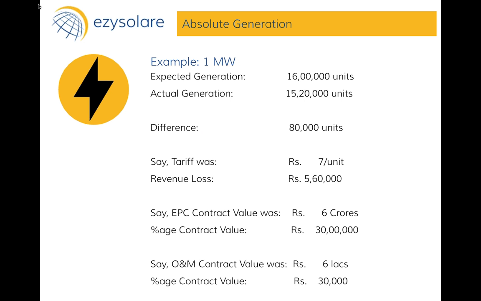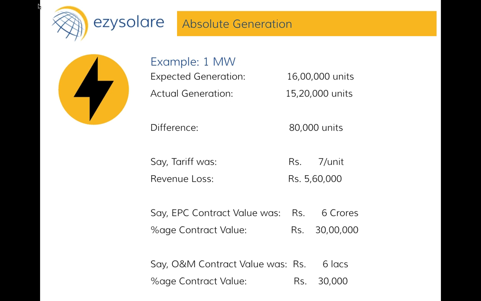If your radiation was X and your performance was Y, but the actual radiation was more than that, say it was 1.5 times X, but your performance or the generation of the plant wasn't 1.5 times Y, that means that your plant is not performing well enough. Now, this ratio between X and Y is called performance ratio. This is something that is typically given by an EPC contractor.